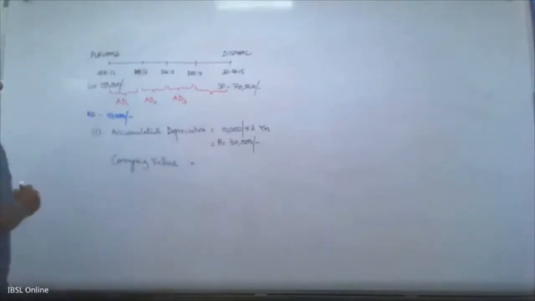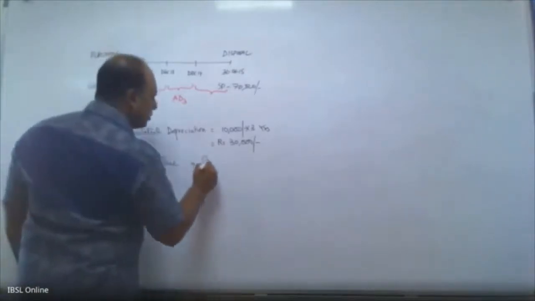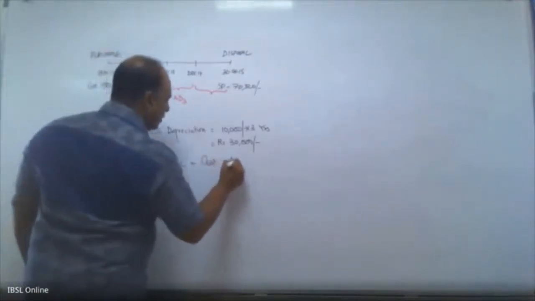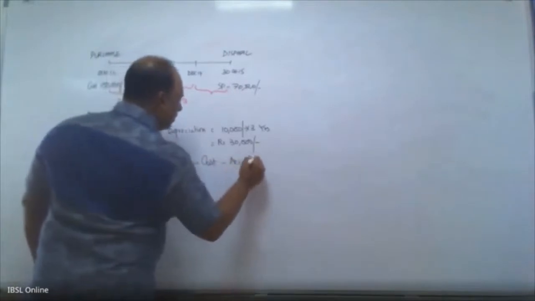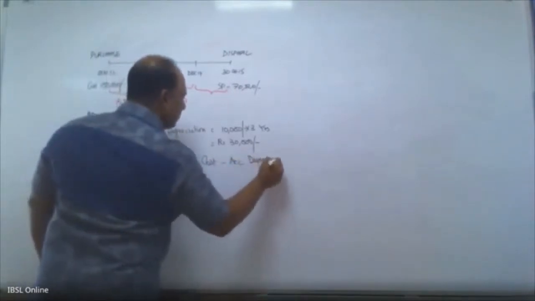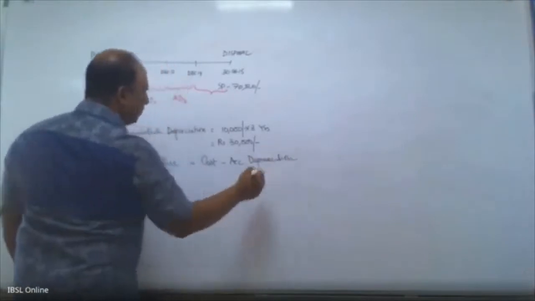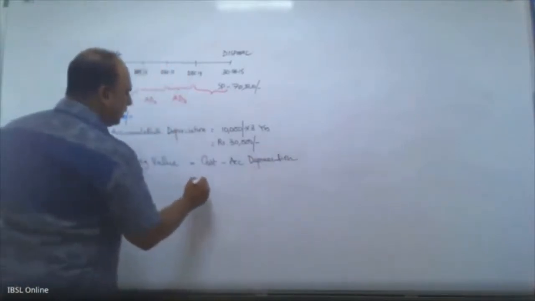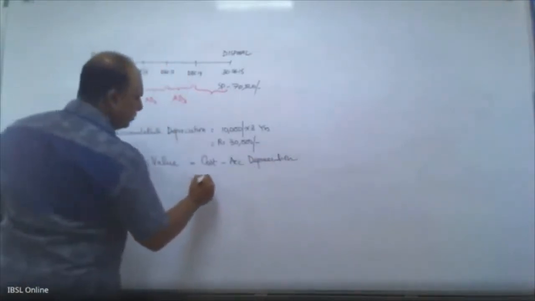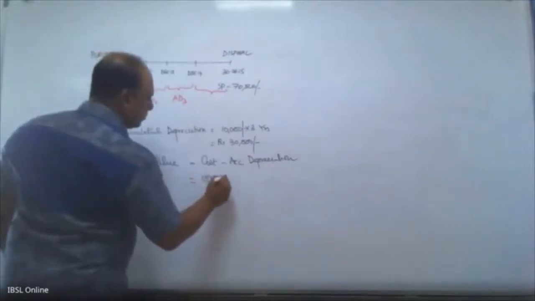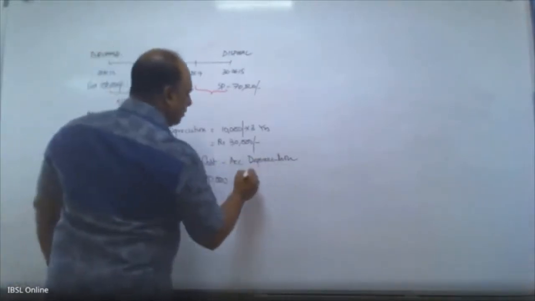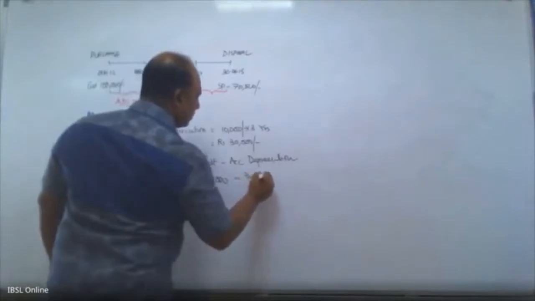What is the carrying value? Carrying value is cost minus accumulated depreciation to the date of disposal. So cost is 100,000 minus accumulated depreciation 30,000.